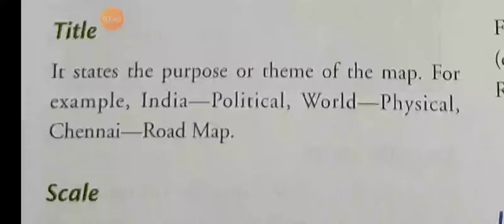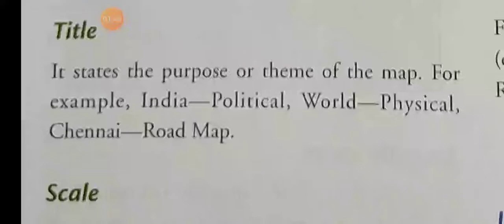So the title is India's political map, or world political map. If we are showing rainfall of India, the title of the map is India rainfall. So the title states the purpose or theme of a map which we are going to show in that map. That is called the title.